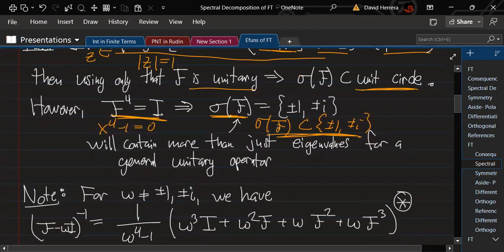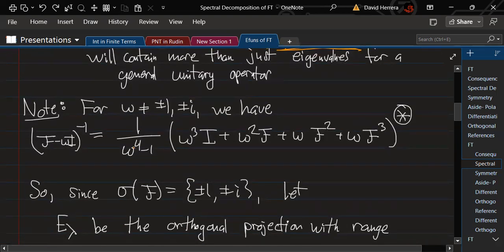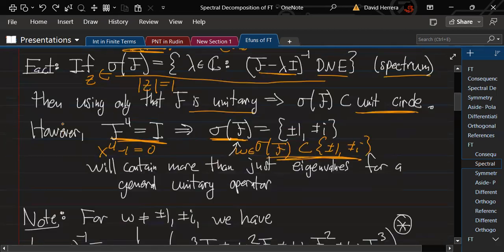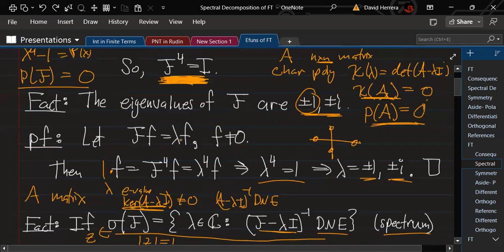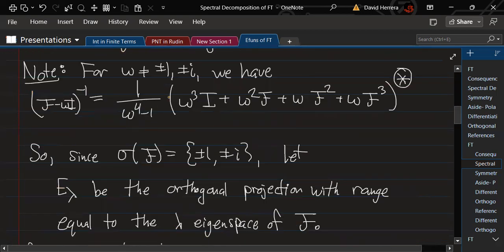Because if I have an omega that's not one of these values, then I can write down the inverse. So it can't be in here. The only things in here are the ones where this thing doesn't make any sense, which is these things right here. We'll derive this a little bit later, but I just wanted to say that it actually comes from the fact that we have this nice polynomial equation here. You can use this polynomial equation to derive this inverse equation.